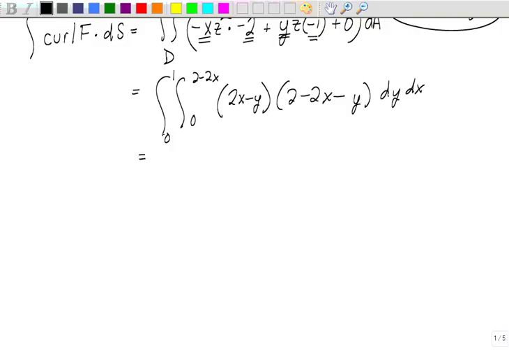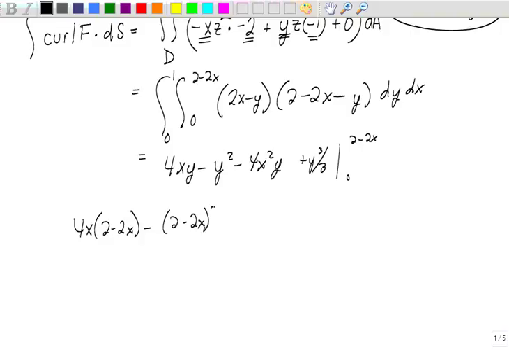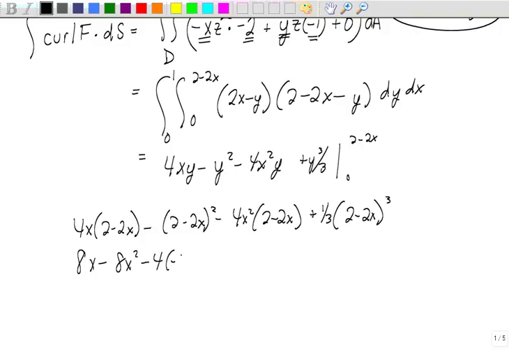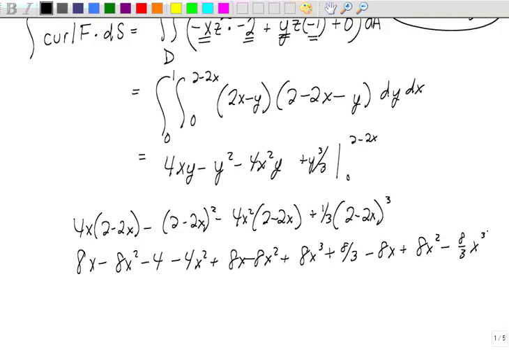And when I integrate that with respect to y, I get just a lot of arithmetic.